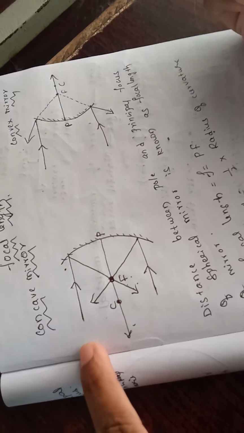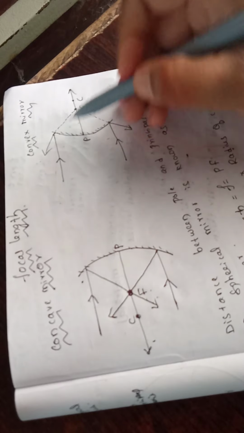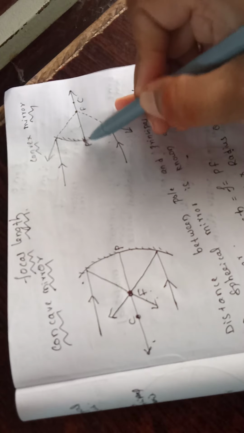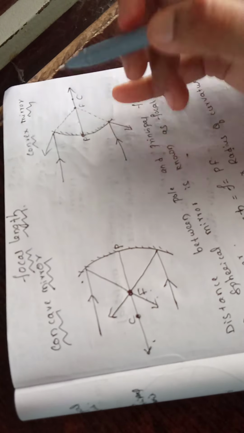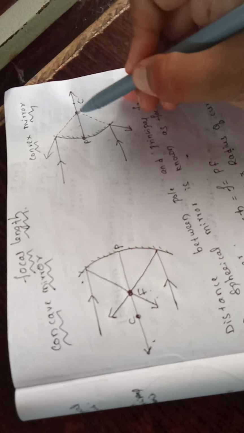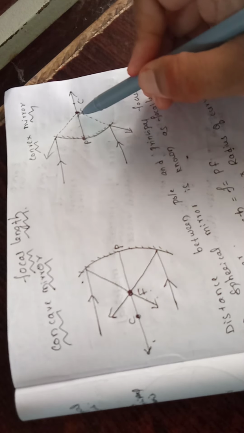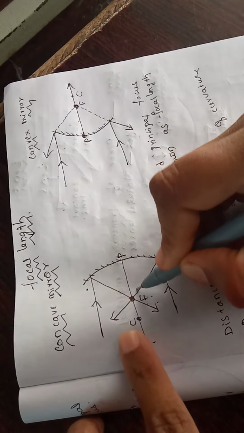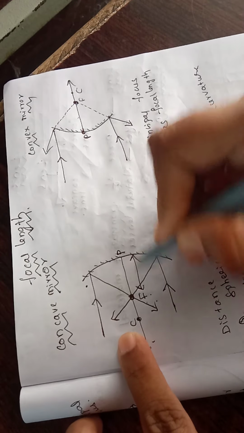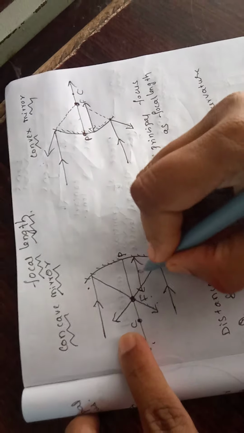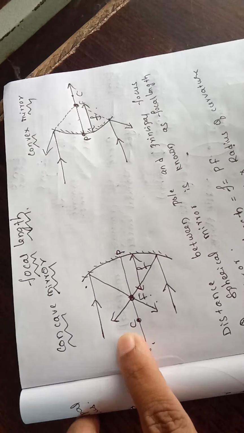Right. And here also, in the case of the convex mirror, this is the principal axis, center of curvature, pole. Pole means the center of the reflecting surface. Now they appear to intersect at this particular principal focus. So in both cases, the distance between the principal focus and the pole we call the focal length, denoted by small letter f.